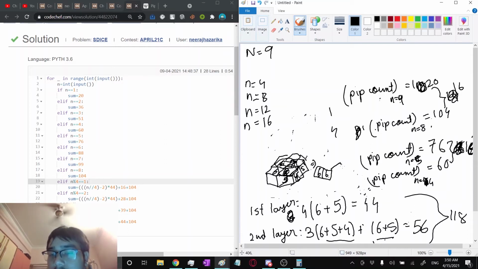6 comes over here, 6 over here, or 6 5. Similarly 6 5 like this, 6 5, and our top layer becomes a similar situation. 6 comes at top and 5 comes at side and 4 comes at side.